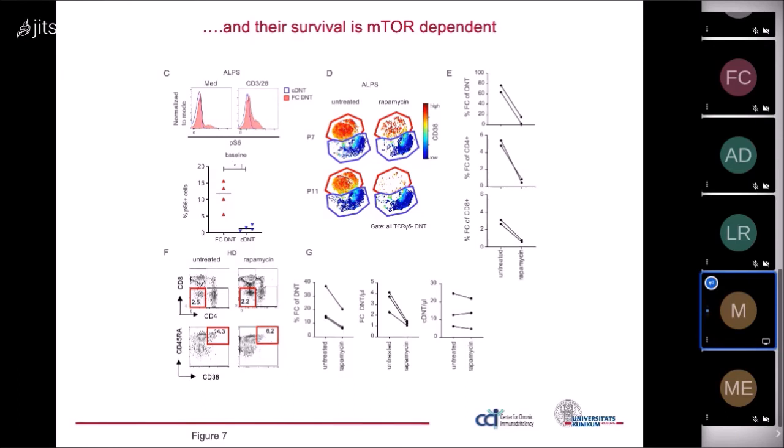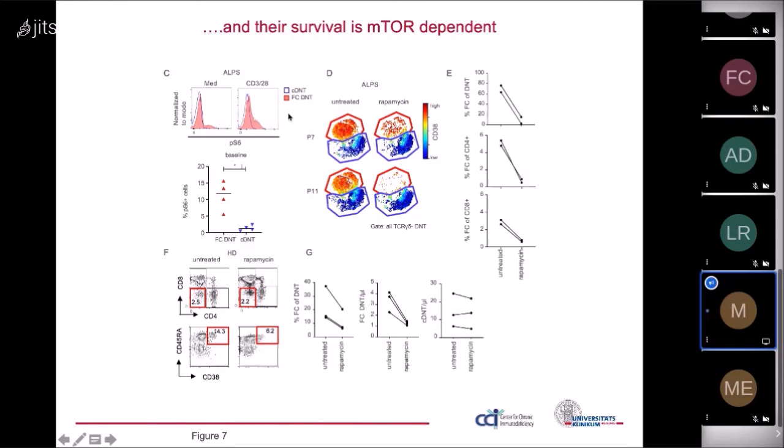So we checked for phospho-S6 ex vivo, and we found it upregulated in FC-DNT compared to C-DNT, both at baseline and after stimulation. And this was true also for the single positive counterpart, not only for the DNT.